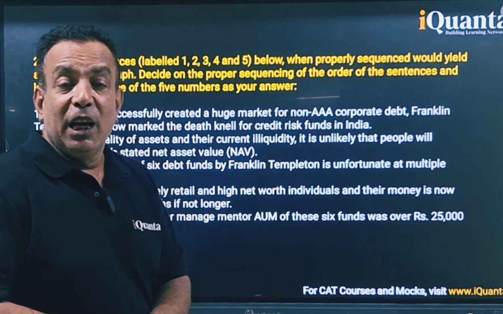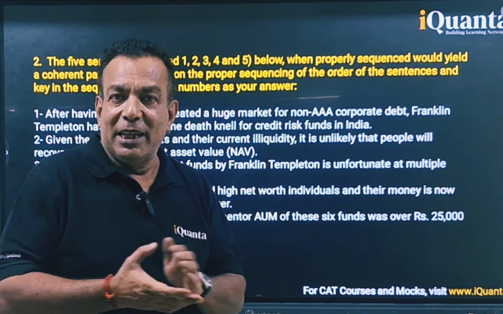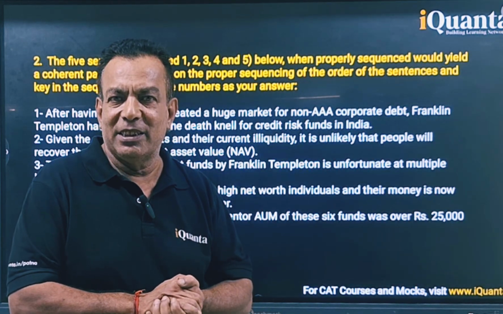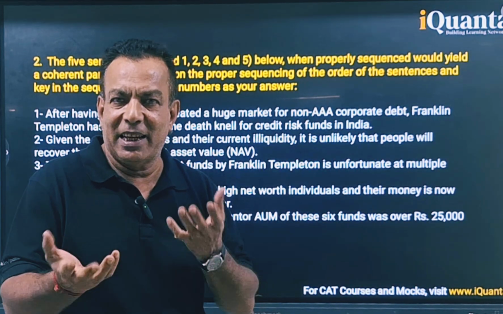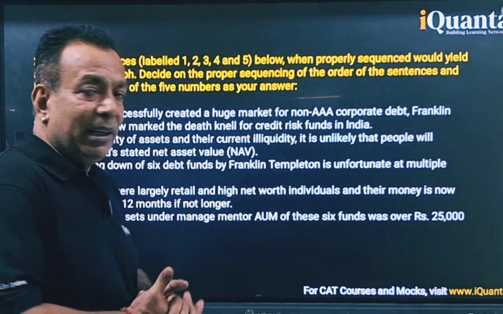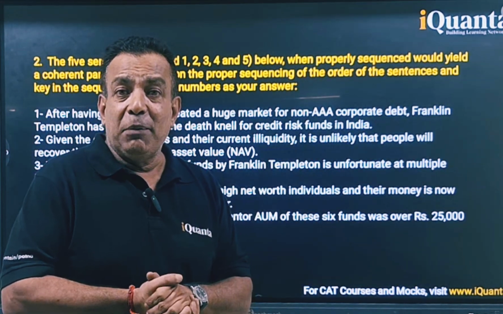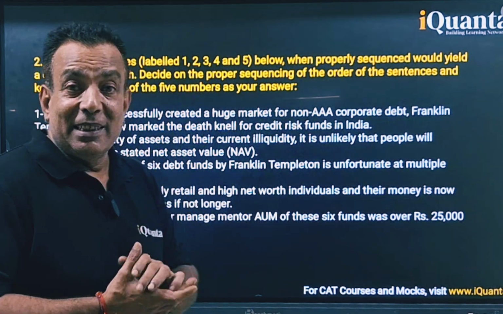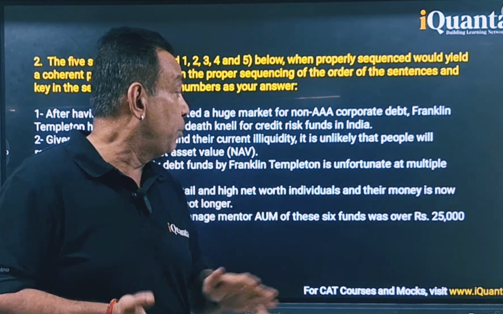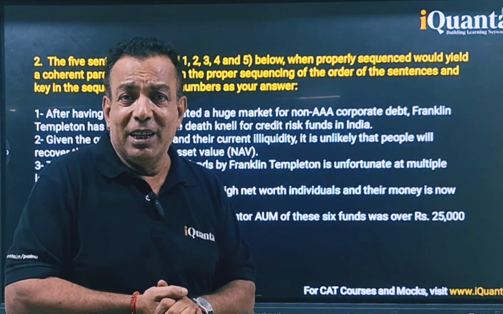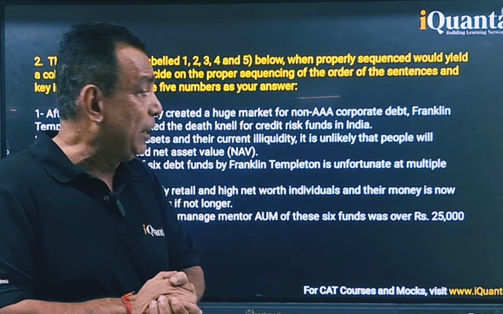Basically, illiquidity means the cash is not there. Liquidity is when the cash is there. It'll be difficult for these people to recover their net asset value. So basically, they'll be suffering loss and probably will not get the money that they deserve, according to the net asset value.